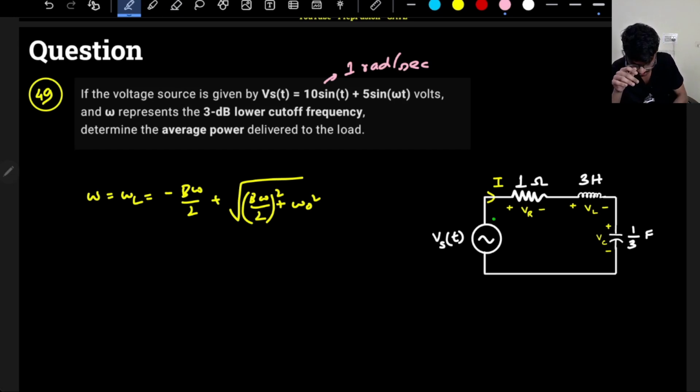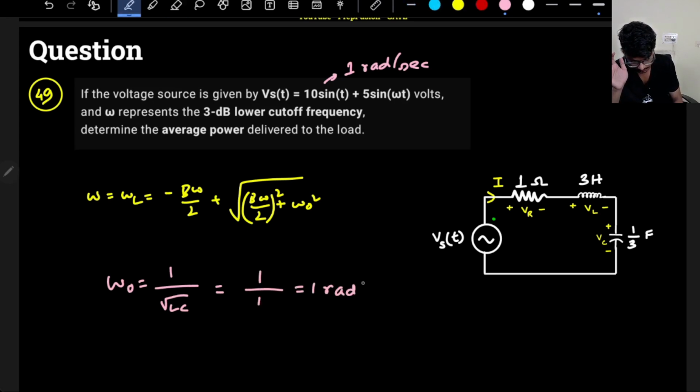The resonance frequency in this circuit is 1 by under root LC, which is 1 by 3 into 1 by 3, so it is 1 radian per second. So omega naught is this.